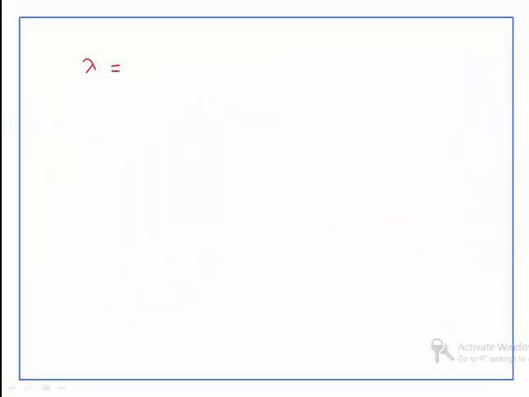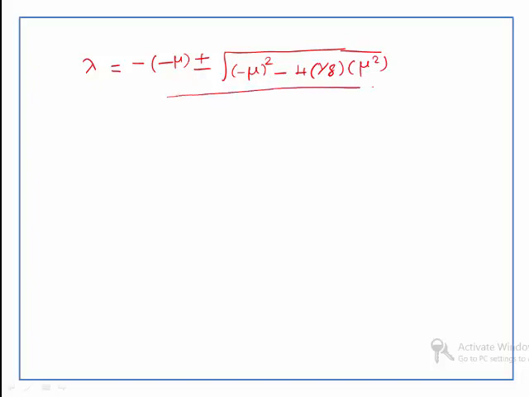So lambda is equal to minus b plus or minus root of b square minus 4ac, the whole divided by 2 into a.